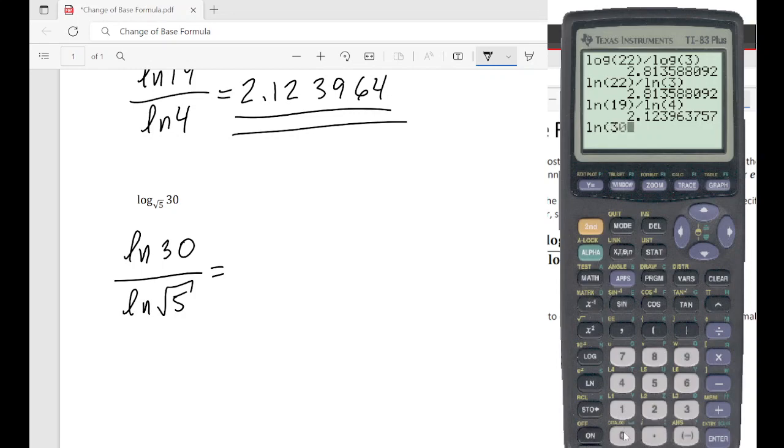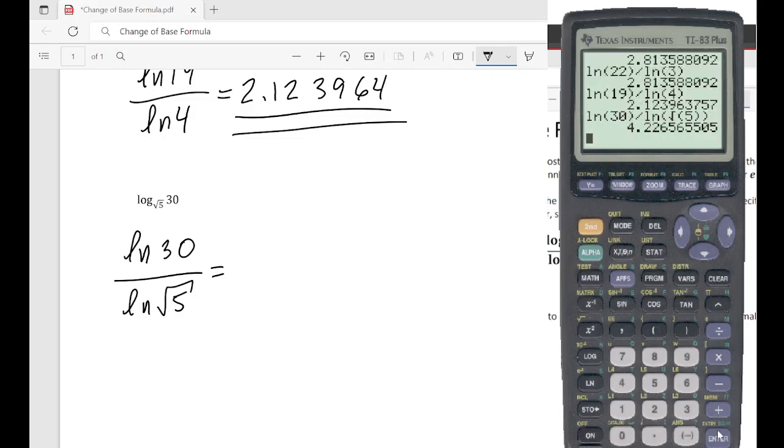So ln of 30, close parentheses, divided by ln of square root of 5. And we end up getting this. So to 6 decimal places, 4.226566. And that is our answer for this one.